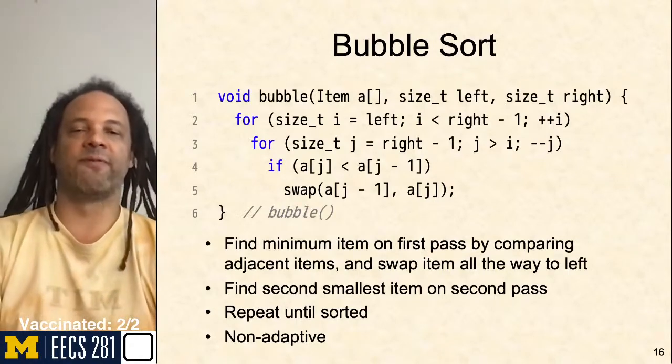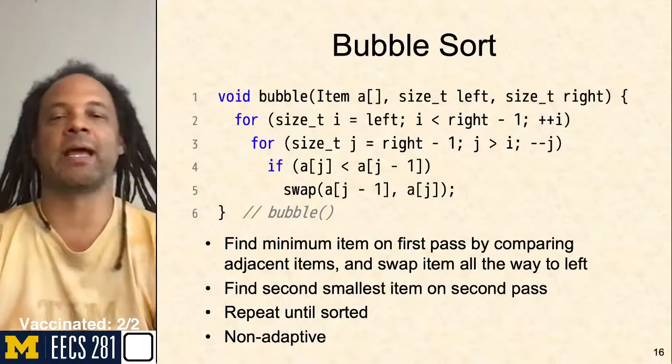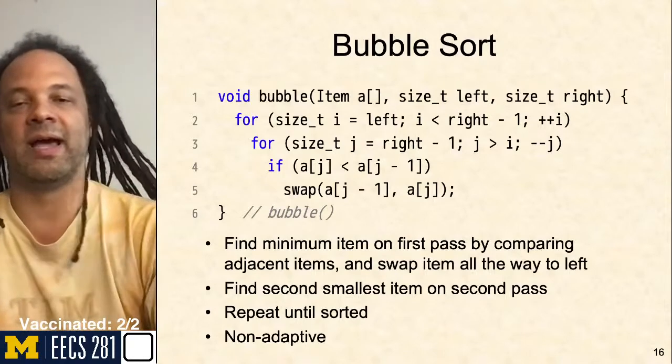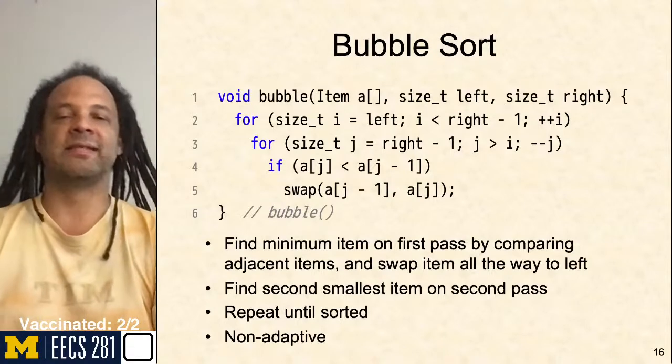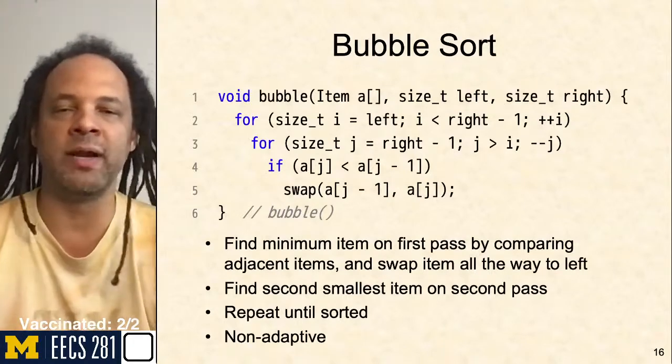So after my first pass, the smallest item is in the first position. After the second pass, the second smallest item is in the second position. Then the third pass, third smallest item, third position, and so on. We keep going this way, and this tells us why my outer loop there in line 2 has n minus 1 iterations, right?